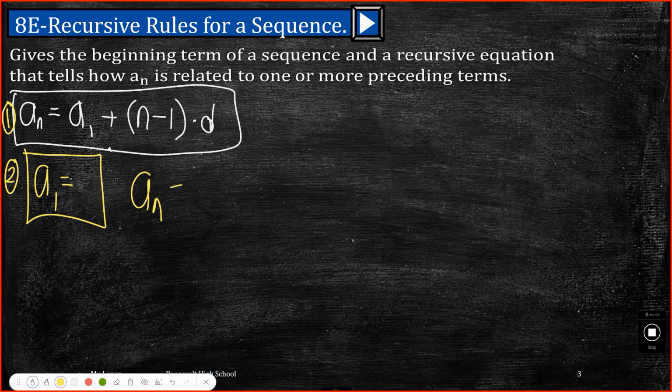A sub n equals A sub n. There are so many formulas in this chapter. A sub n equals, what is it? A sub what? N minus 1, yes. I remember now. Equals, and so you've got to put in some number here and some number here. That's all.